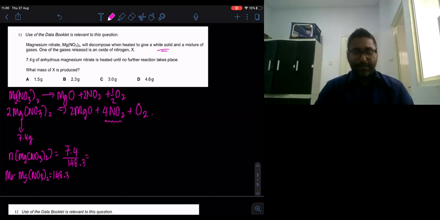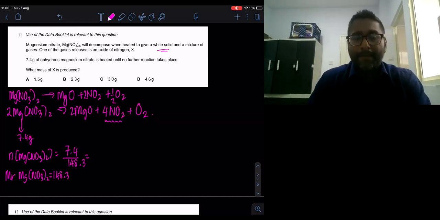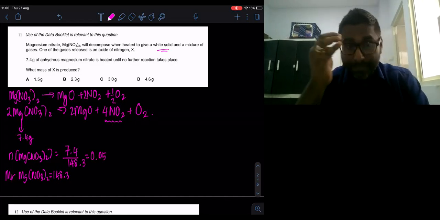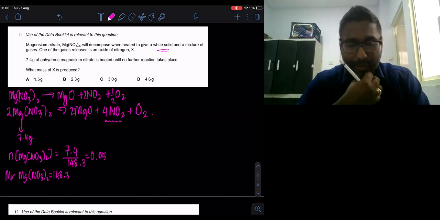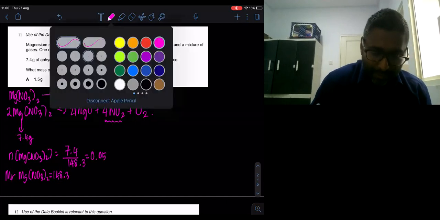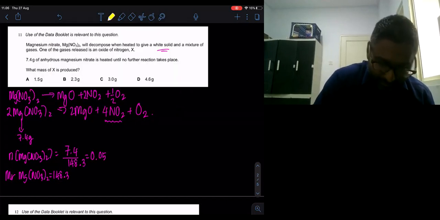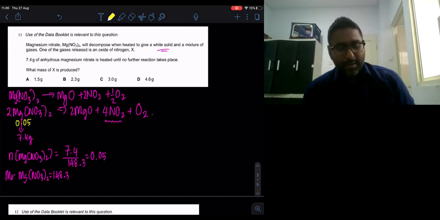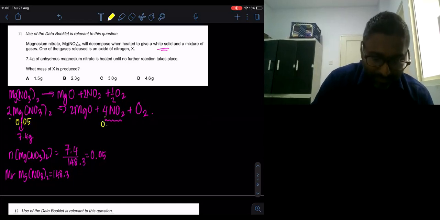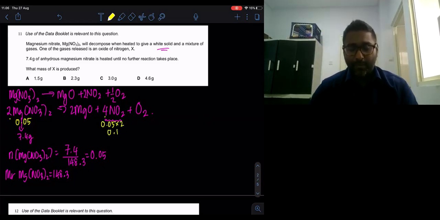So what is the number of moles? 0.05 approximately. Is that correct, Ewan? Yeah. So I put over here 0.05. We are looking for X, so 2 to 4, it means double. So 0.05 times 2 is 0.1 mole.